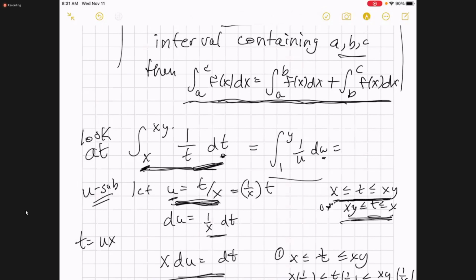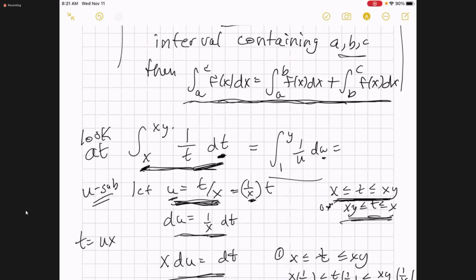Okay, so t here in this integral represents any number between x and xy. So x is fixed. Then u is t over x, which is 1 over x times t, and that's just a constant. So that means that x du is dt.